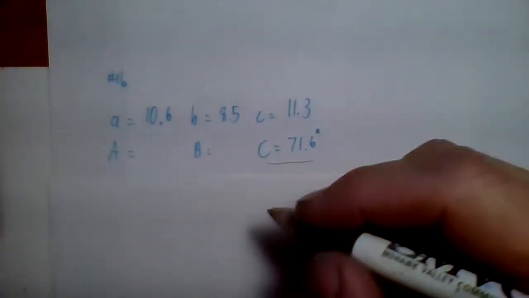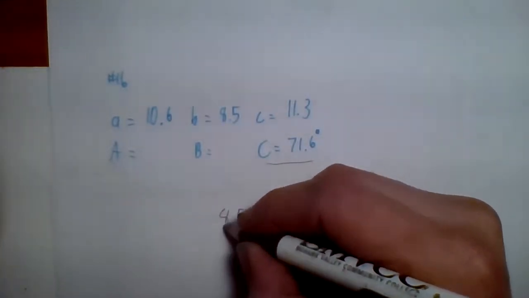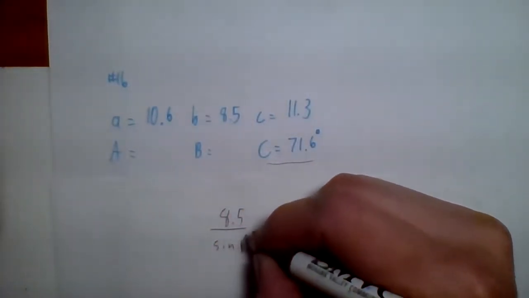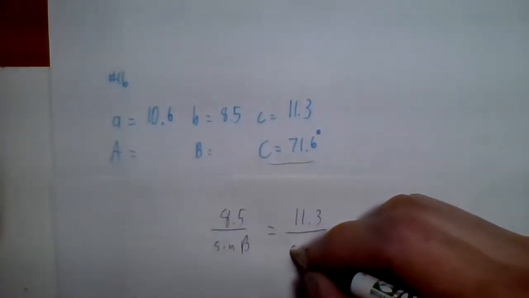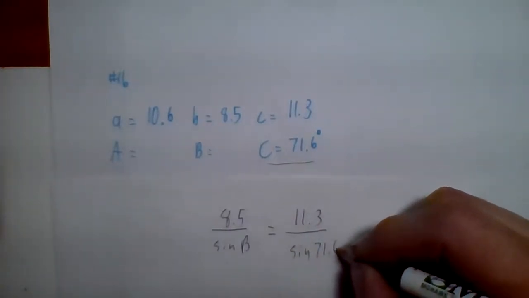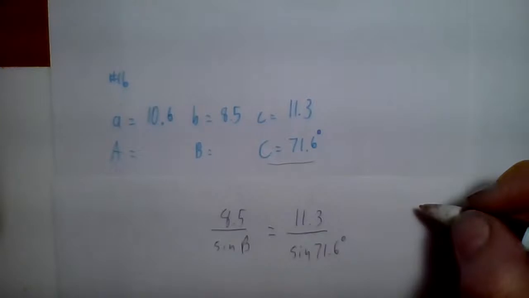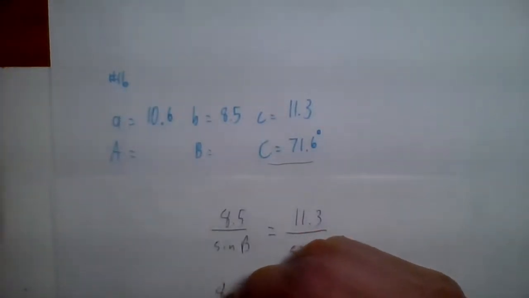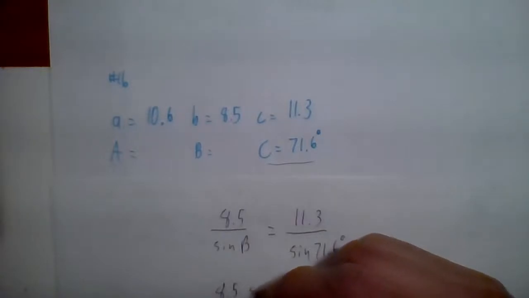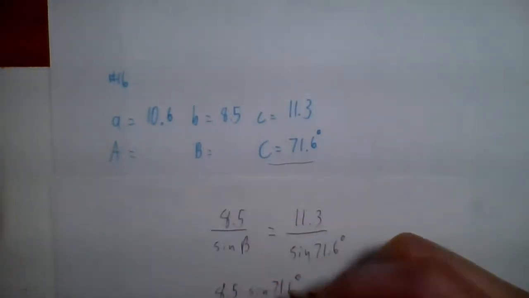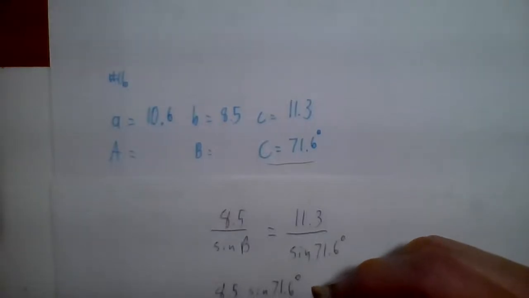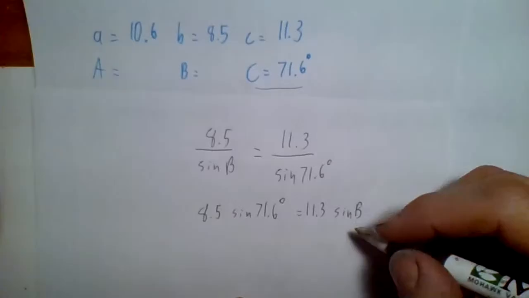For this, law of sines looks like B over sine B equals C over sine C. So when I cross multiply, 8.5 times this sine of 71.6 is equal to 11.